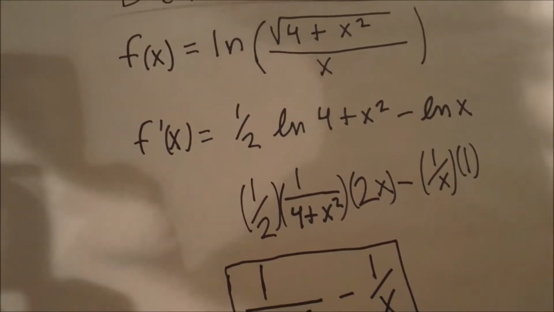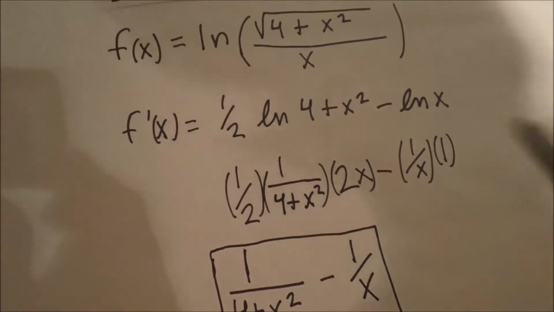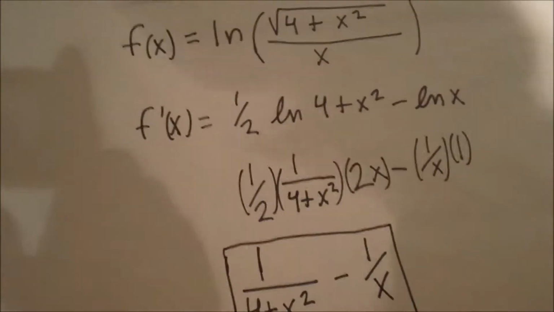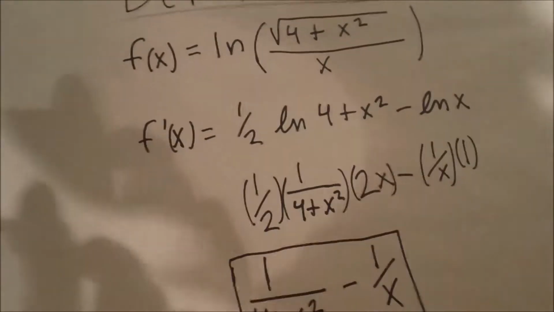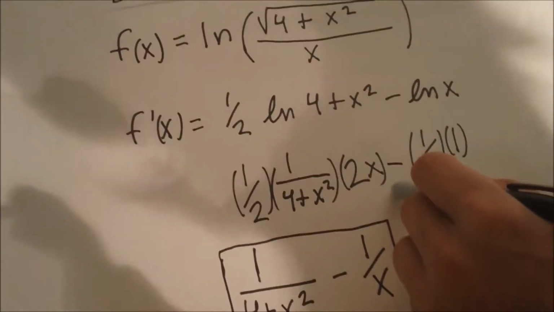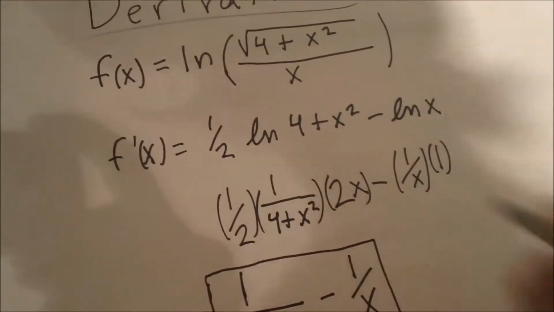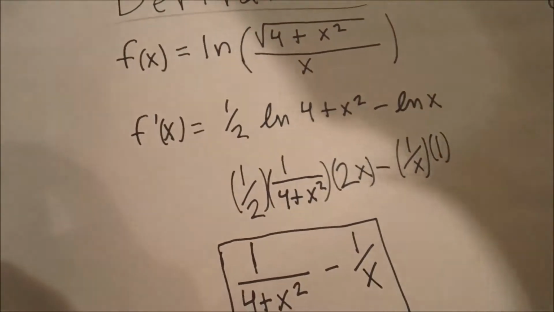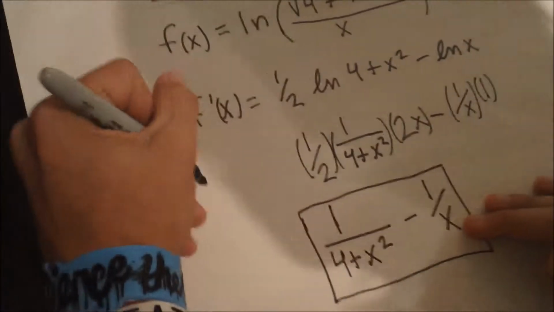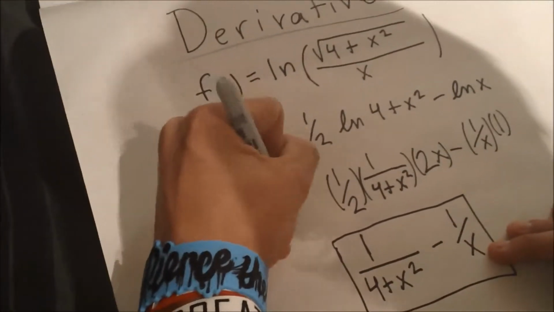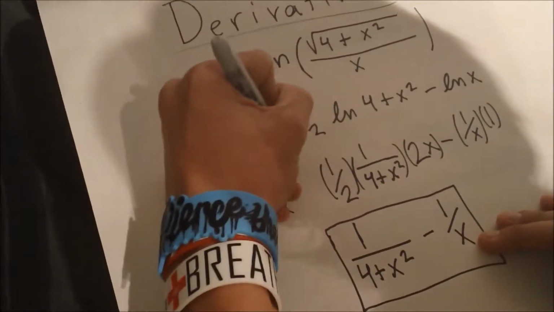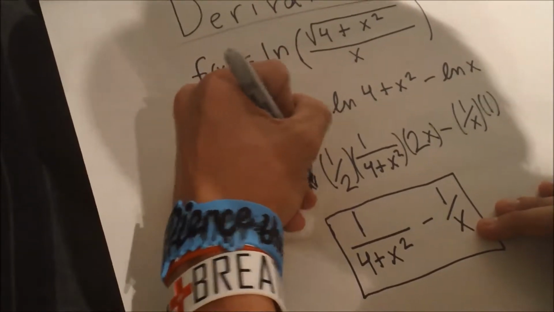So the function that we're going to use for ln is 1 over x times the derivative of the equation. So let's remember that the derivative of ln u equals 1 over u times du dx.